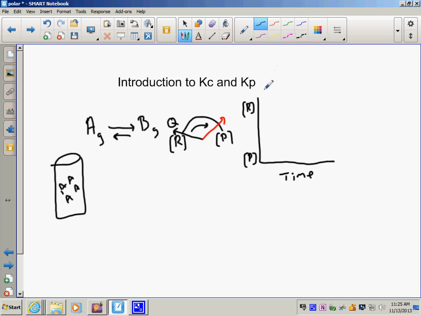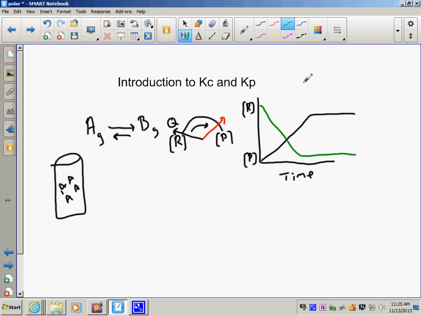I will track the concentration of P with the black marker, and I'll change color for the other one. But let's just say at this point it would just continue like this, increasing, increasing, increasing, and then all of a sudden it would just level off. The reactant would be decreasing, decreasing, decreasing, and eventually it would just level off.